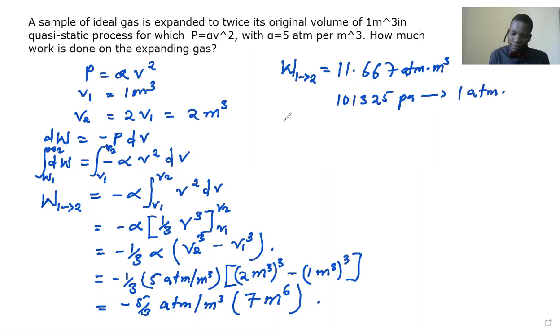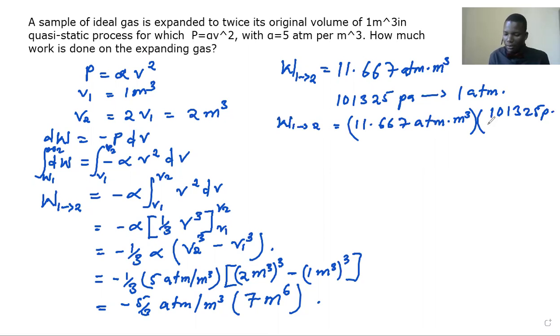So we have 11.667 atmospheres multiplied by 101325 pascals.